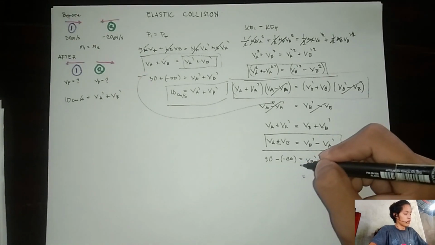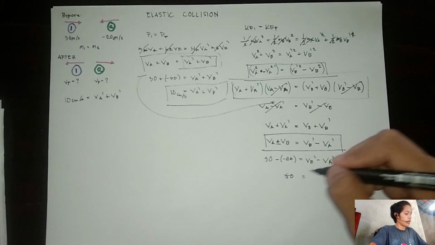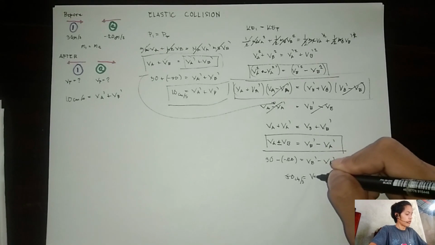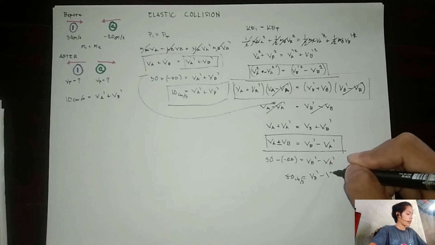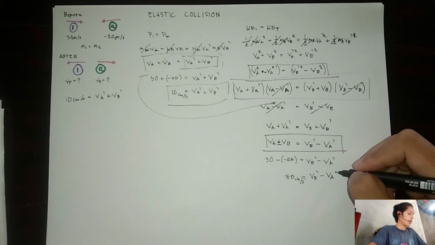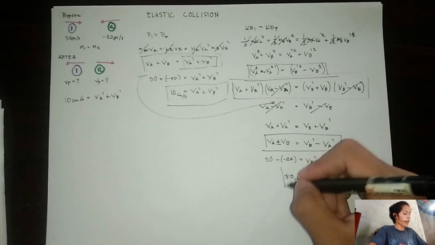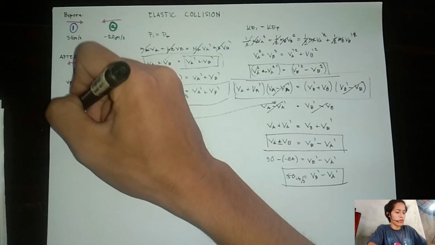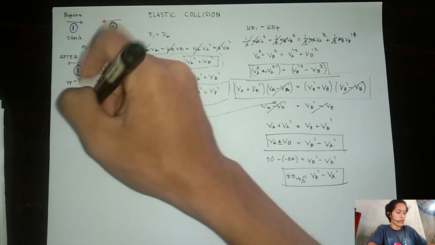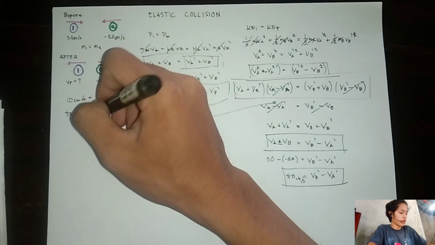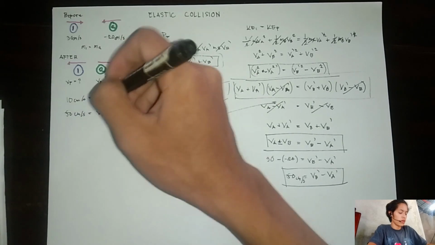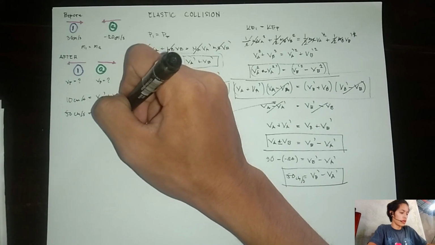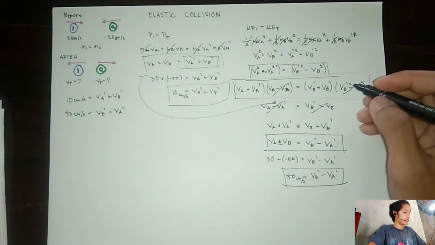So, 50 cm per second is equal to velocity B final minus velocity A final. Meron na tayong second equation na 50 cm per second is equal to velocity B final minus velocity A final.